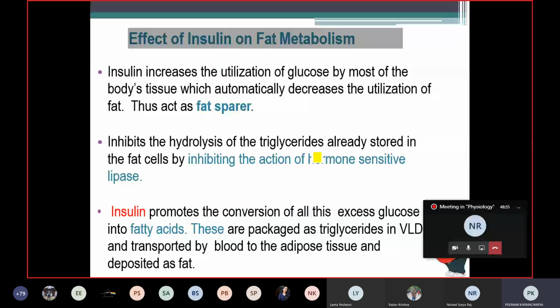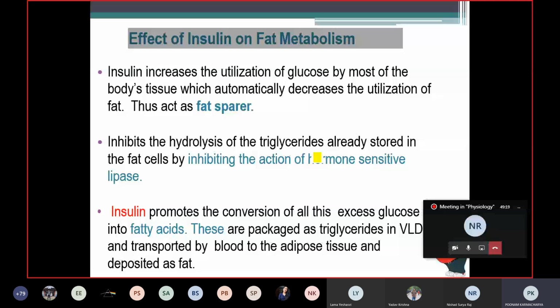Now let us talk about the effect of insulin on fat metabolism. Insulin basically increases the utilization of glucose by most of the body tissues, so it automatically decreases the utilization of fat.